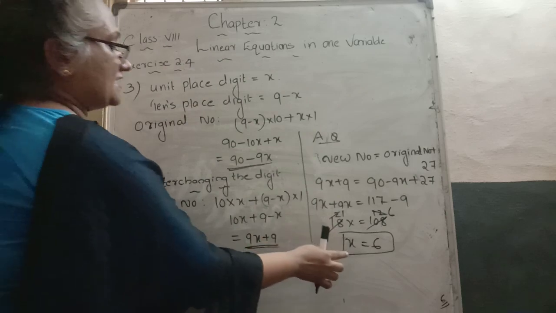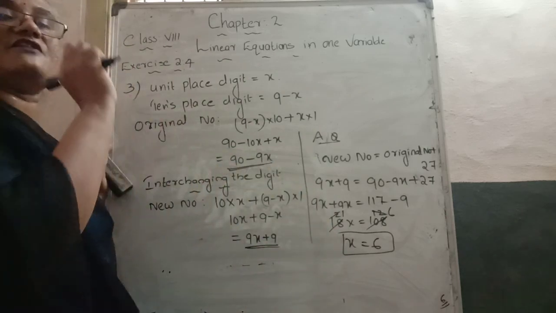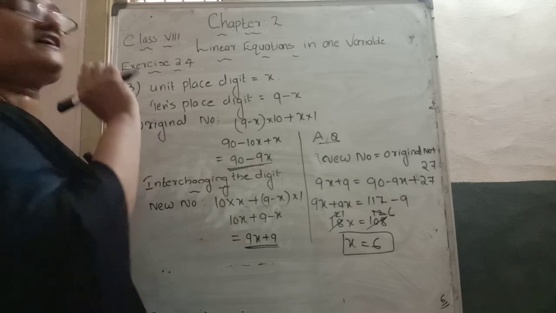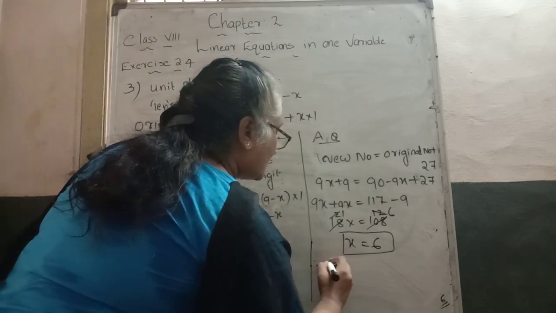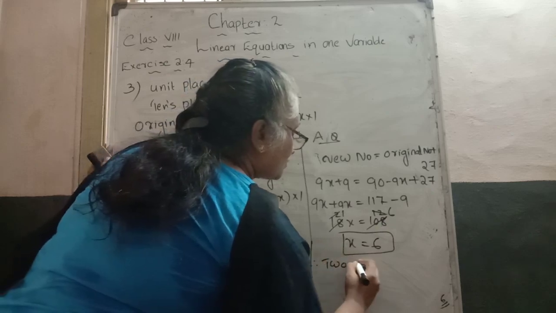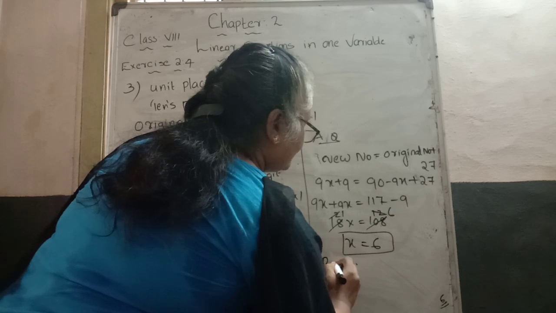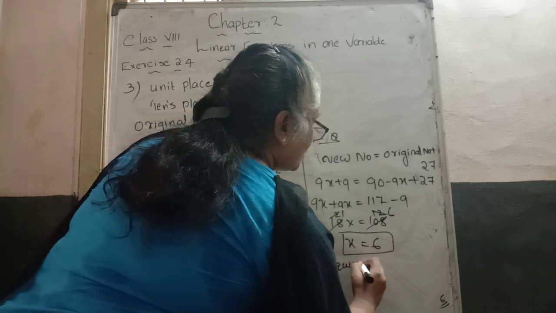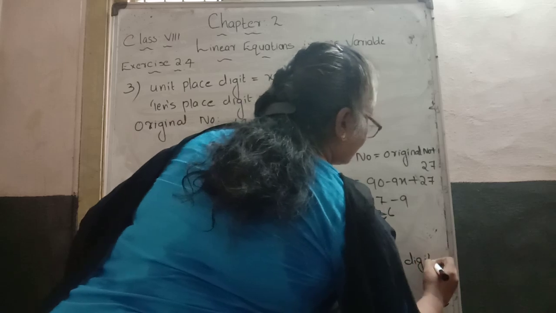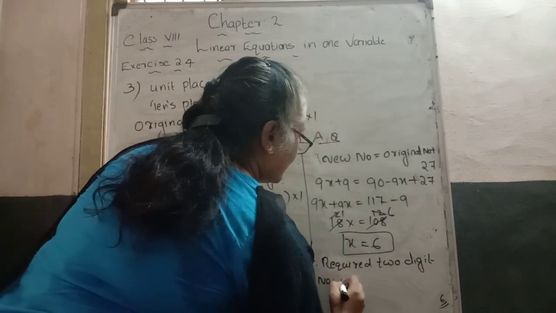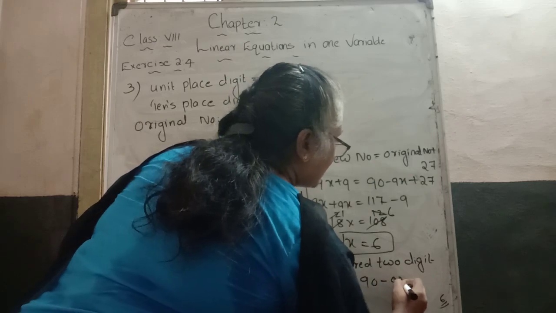Then we substitute this x value in the original number place, and we get our original 2-digit number. So the required 2-digit number is, our expression is 90 minus 9x.